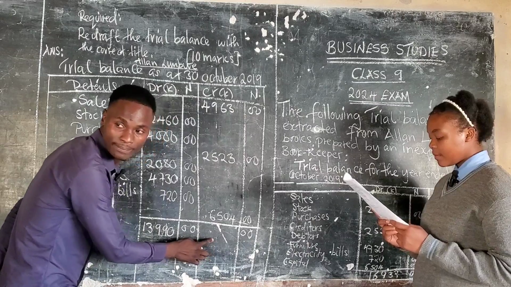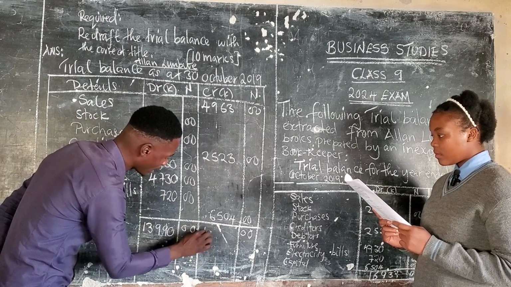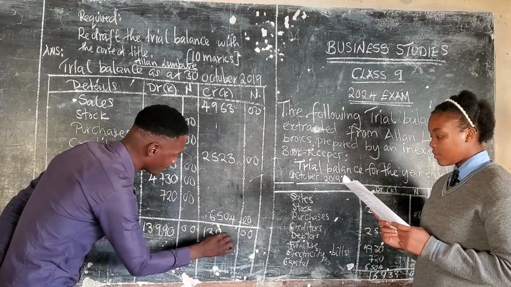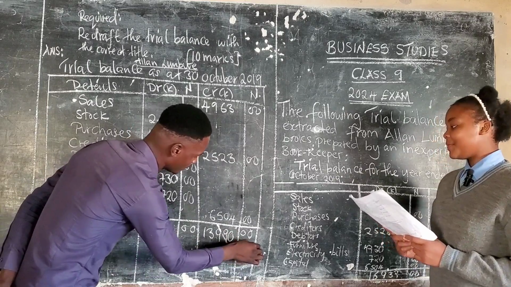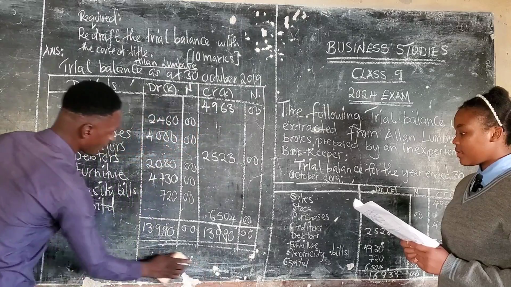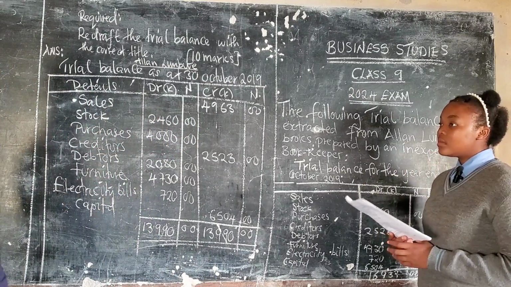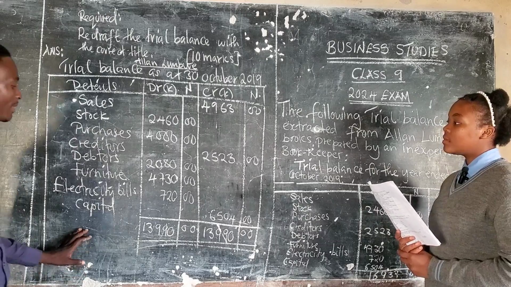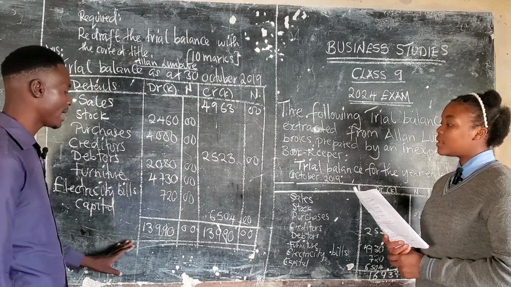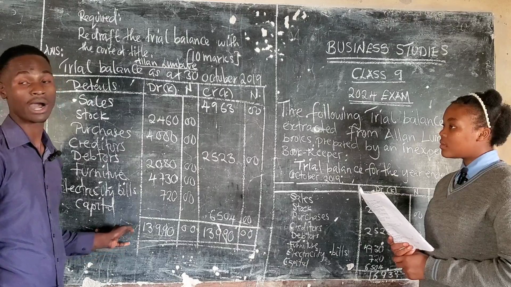On the credit, the same amount. We can smile. Meaning our trial balance has balanced. This is where we say, wow.